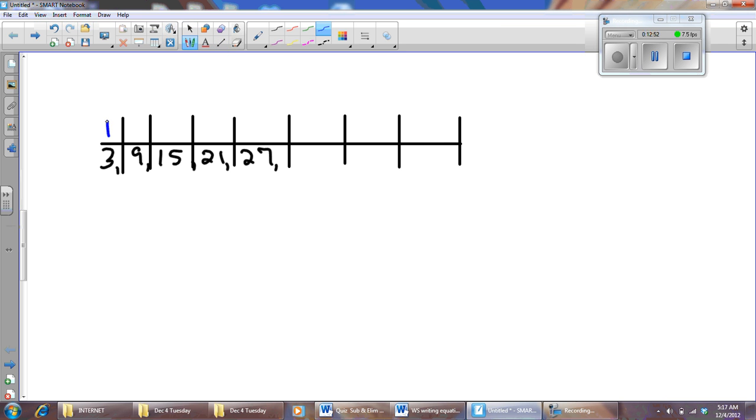All right, first term, second term, third term, fourth term, fifth term, nth term. Oh, I don't know. This time let's find the 91st term and the 500th term.